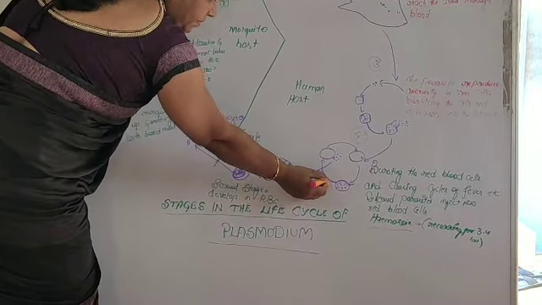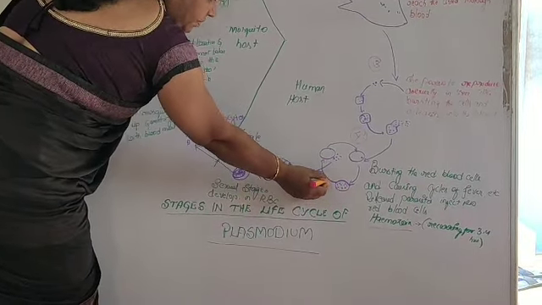Then afterwards, the female mosquito, especially the female Anopheles mosquito, whenever it bites this person, it takes up those gametes. Then those gametes get fertilized. Where? The fertilization and development take place in the mosquito stomach.